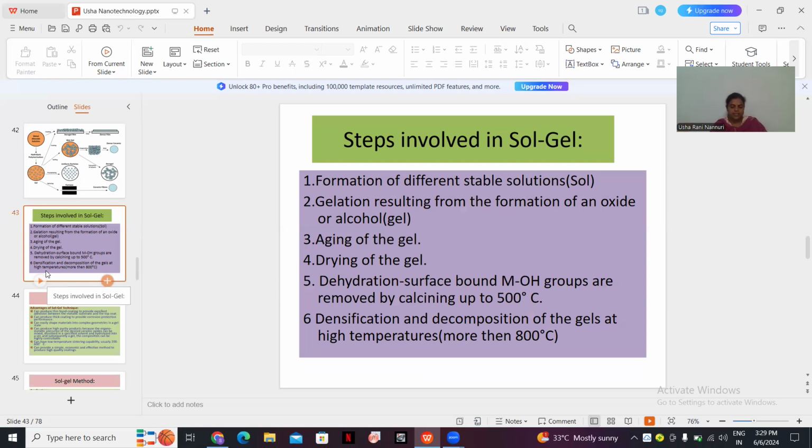Hydrolysis can be accelerated by adding a catalyst such as HCl or ammonia. It continues until all alkoxy groups are replaced by hydroxyl groups. Subsequent condensation between these groups produces siloxane bonds, alcohol and water.